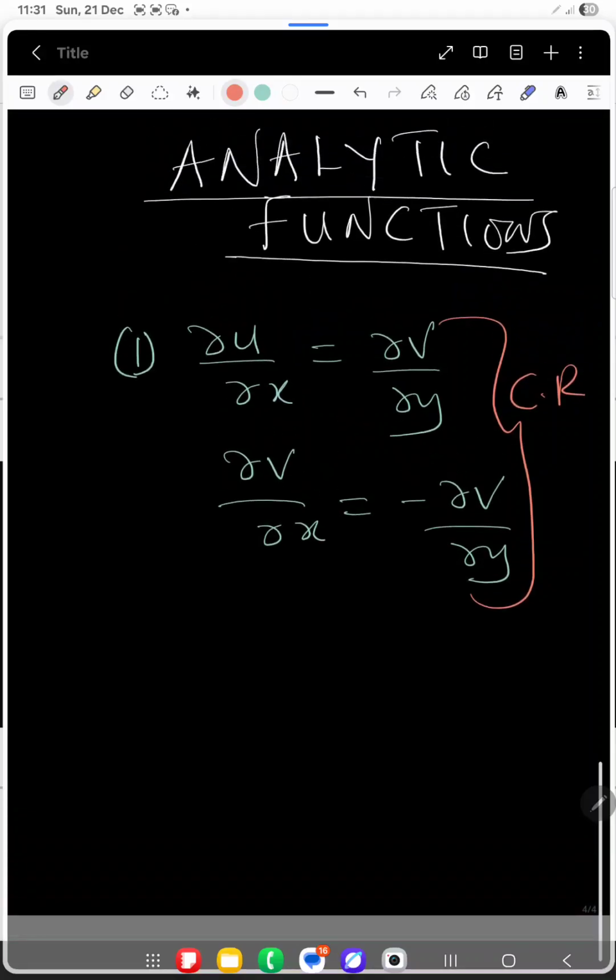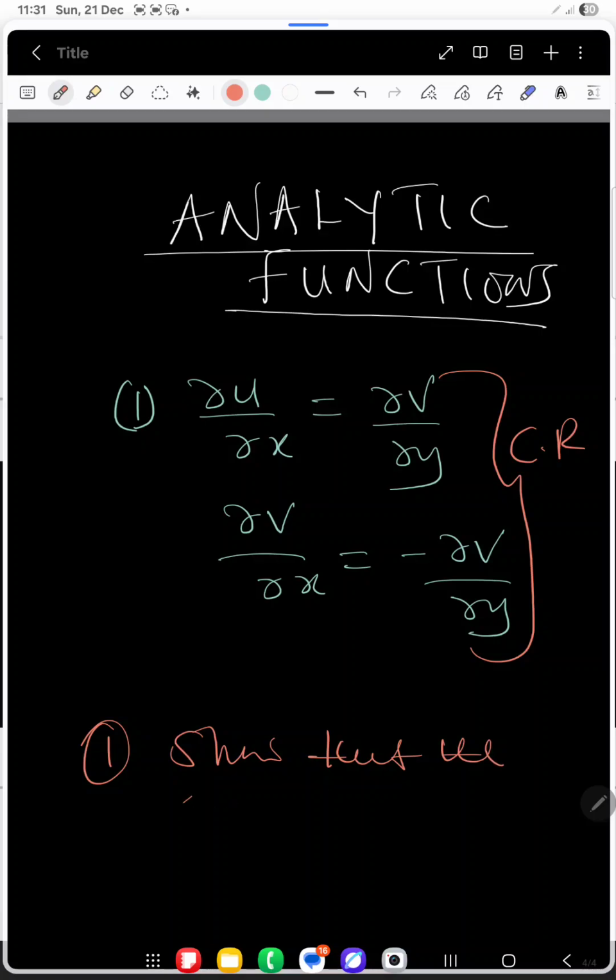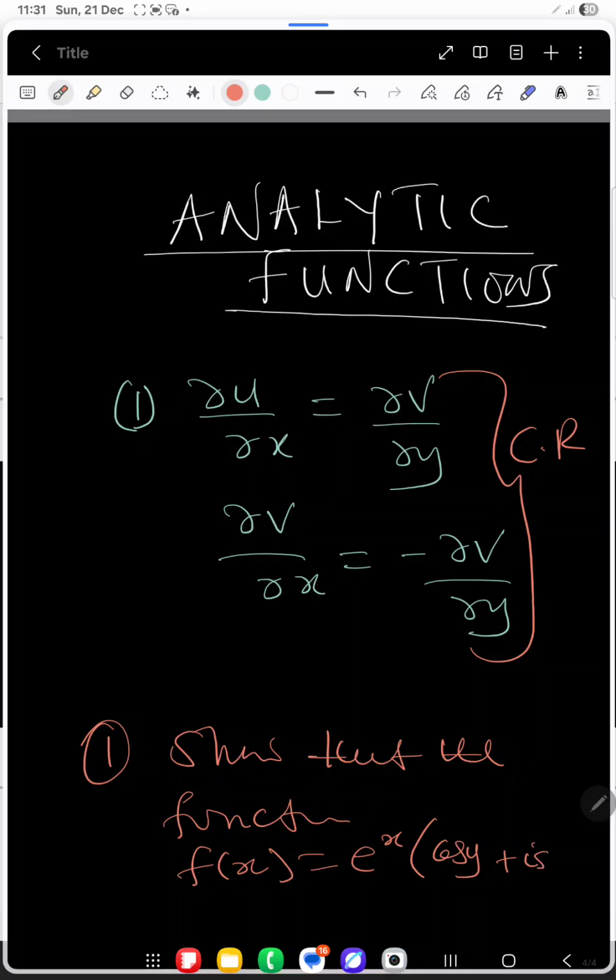Now, let's have an example and see how we can prove that a function is analytic, or that it satisfies the CR equations. Our first example is coming from a book called HK Das. Example number one says: show that the function f(z) equal to e^x (cos y + i sin y) is analytic.